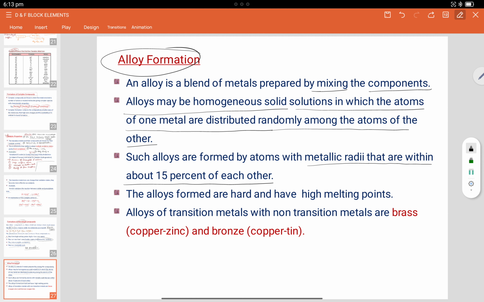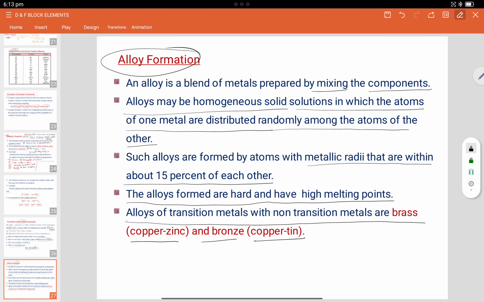The alloys formed are hard and have high melting points. Alloys of transition metal with non-transition metal are brass, copper and zinc, and bronze, copper and tin.